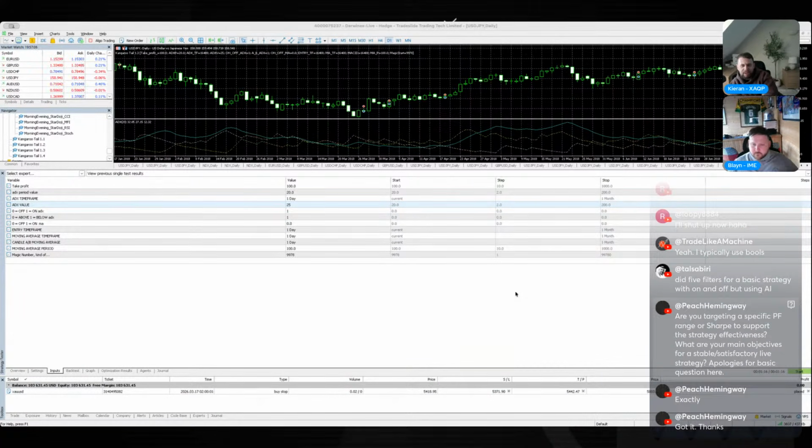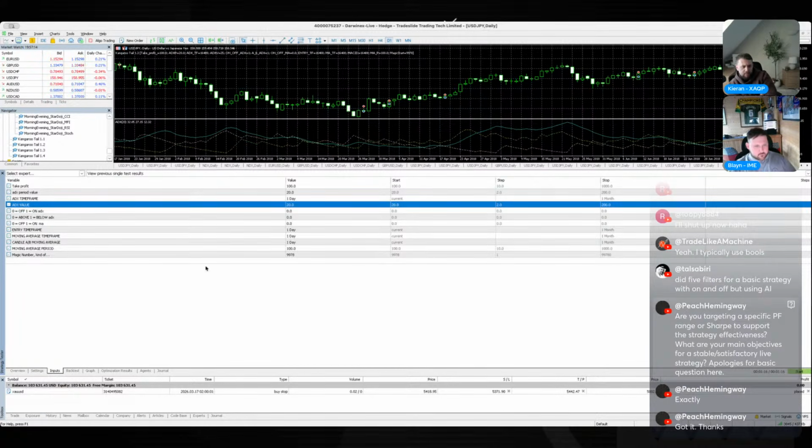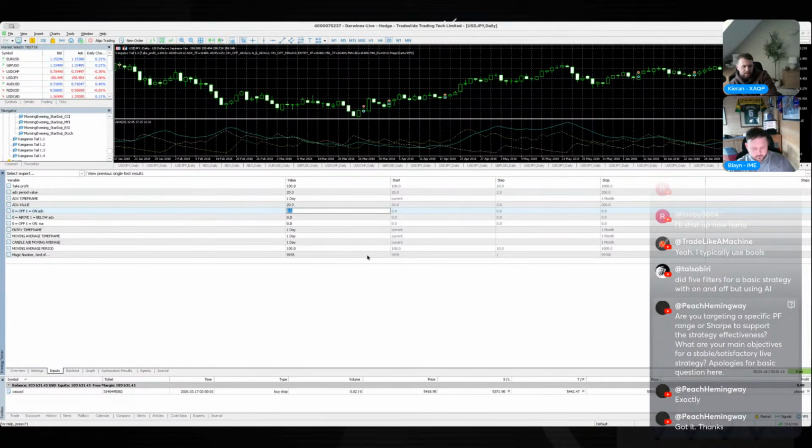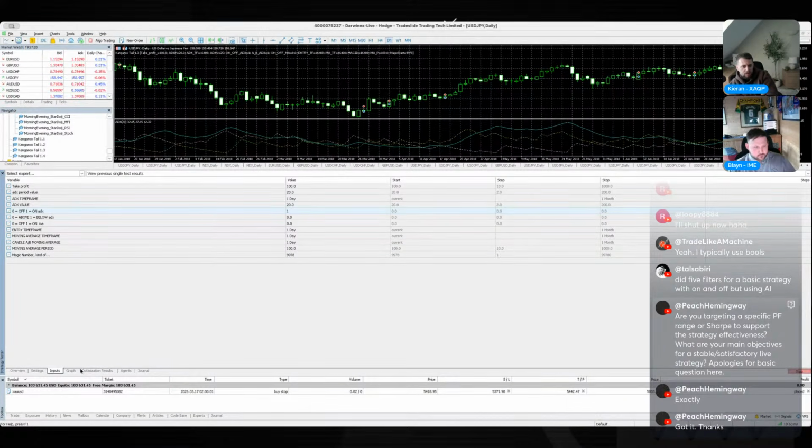I like having a high recovery factor as well, so that I know that I don't have to worry when it starts going into a bit of drawdown. I'm less likely to be concerned seeing a losing streak if I see it's got a high recovery factor.